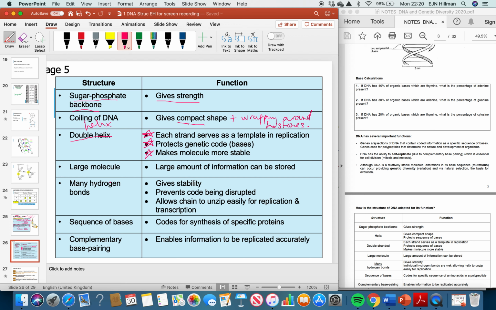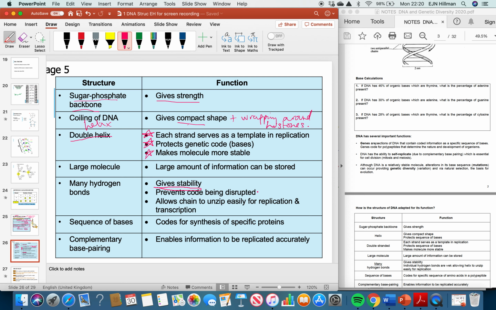Lots of hydrogen bonds. Collectively, those hydrogen bonds give the double helix lots of stability. And that's really good because it prevents that code from being disrupted. So it prevents damage to the code.